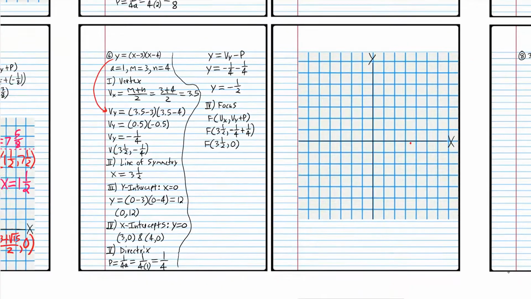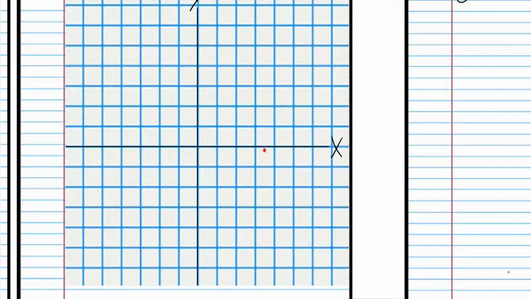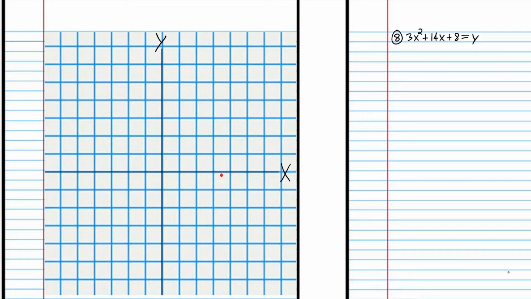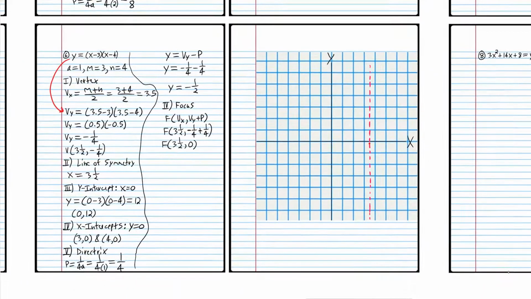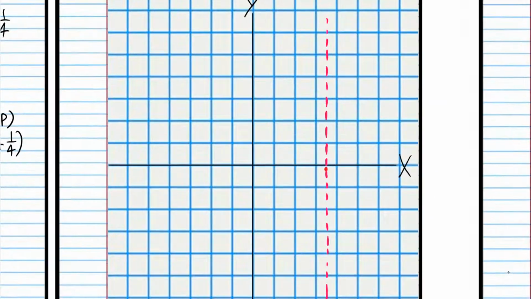All right. Line of symmetry is going straight through there, as usual. Straight through the vertex. Always a vertical line. And intercepts, or y-intercept is 0, 12.